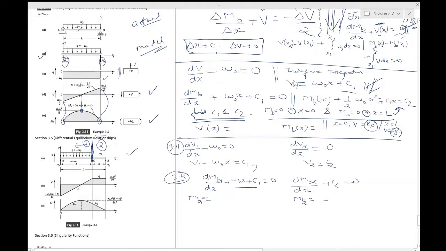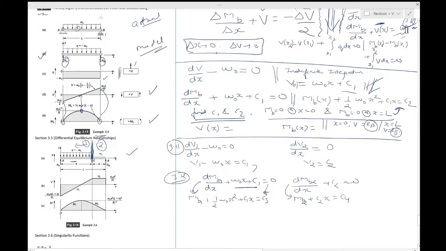You will have lots of constants now, and if you integrate this, you will add one more constant. Integrate this, you will have one more constant. C3 is the constant of indefinite integration once you integrate this one, and this becomes plus C2x is equal to C4.